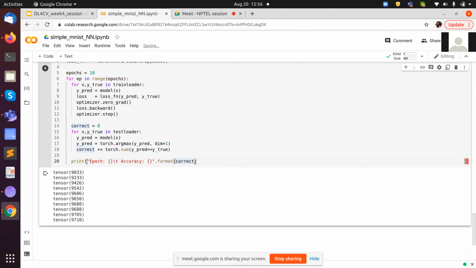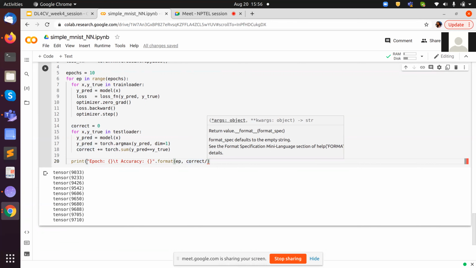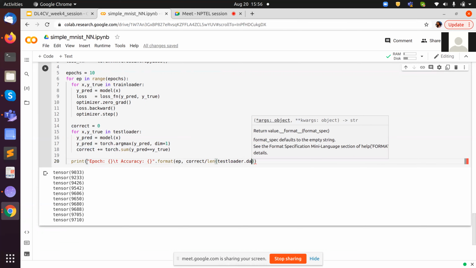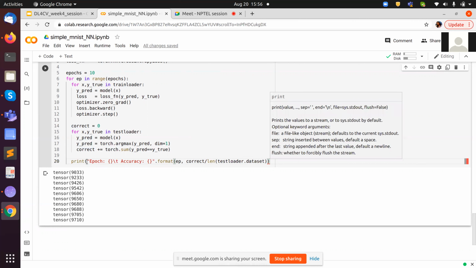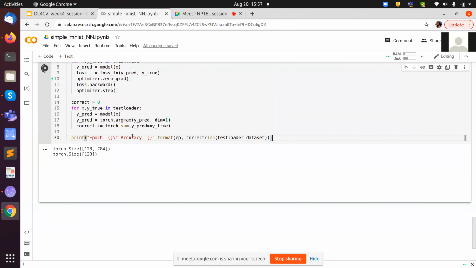Epoch is basically an iteration over the entire dataset, and accuracy will be the number of correctly classified images divided by the total number of images present, which will be the length of test_loader.dataset. Okay, am I printing the shape somewhere here?